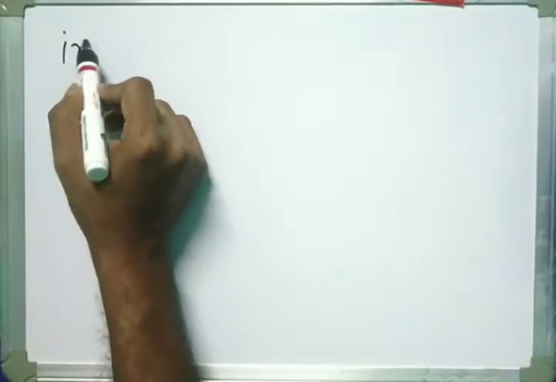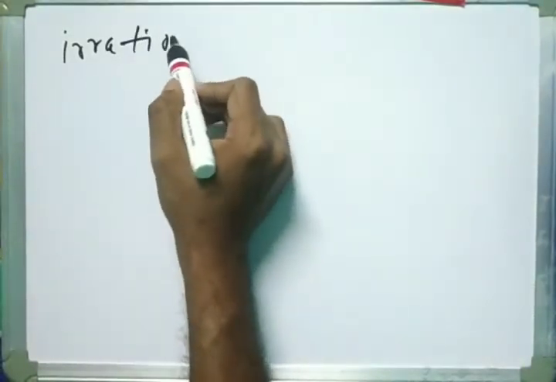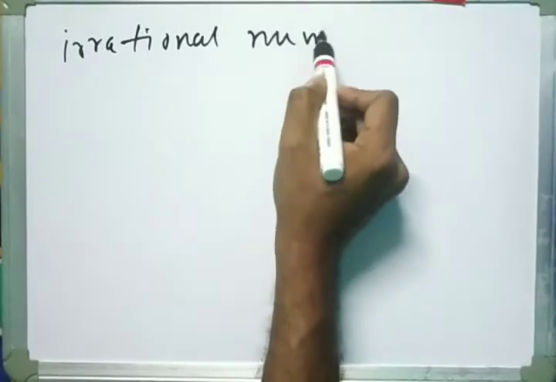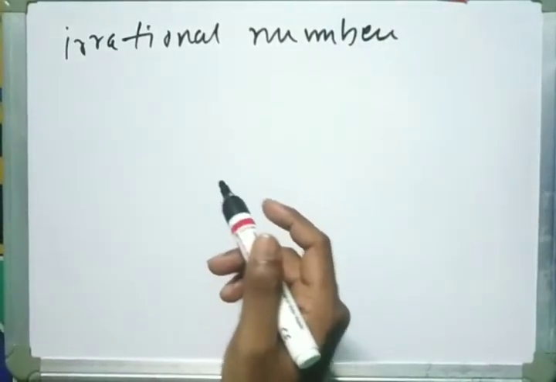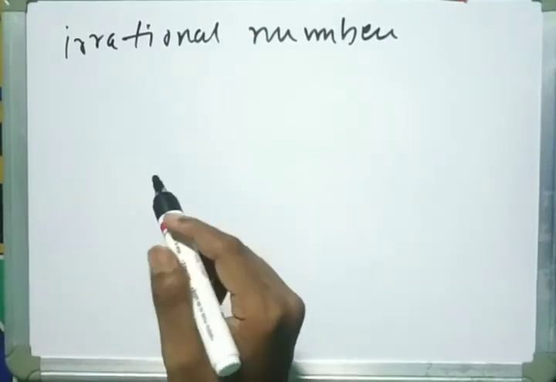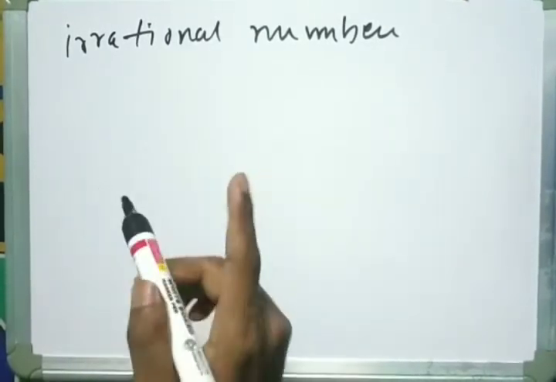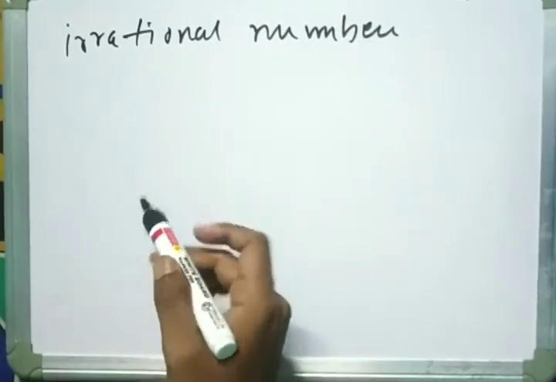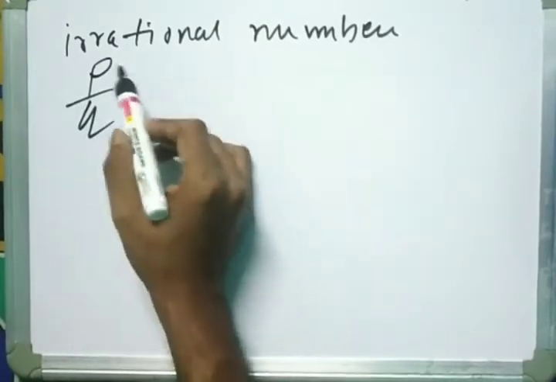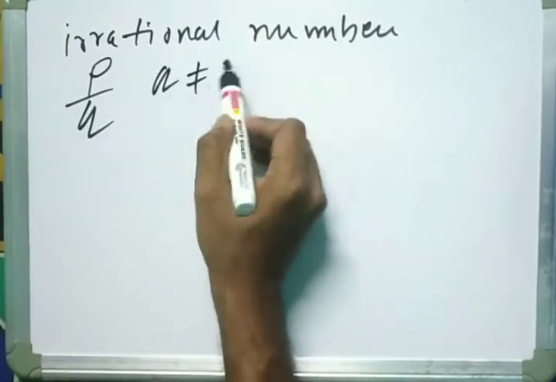So I will start this lecture by discussing two important points which I forgot to mention in the previous class, that is irrational numbers. Okay, so we have seen what is a rational number. A rational number is a number that can be written in the form of p by q, where p and q are integers and q is not equal to 0.